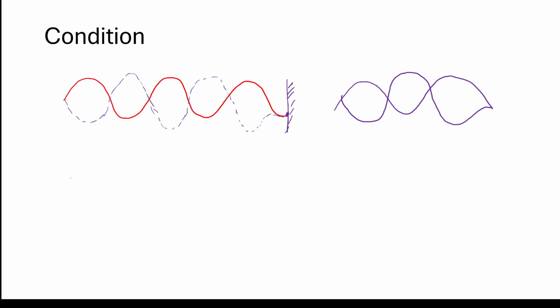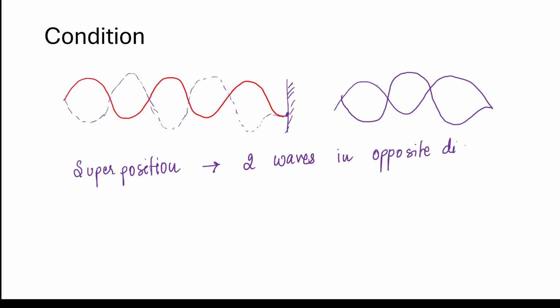So the condition is the two interfering waves, or superposition of two waves, which are moving in opposite directions. Two waves in opposite directions. That's one condition, and they should have the same frequency. And they should also be coherent.